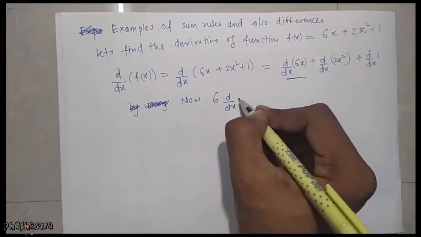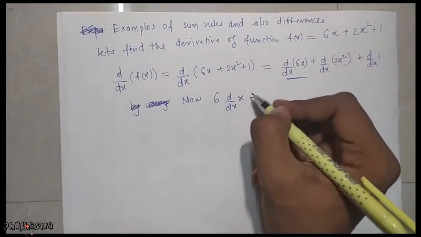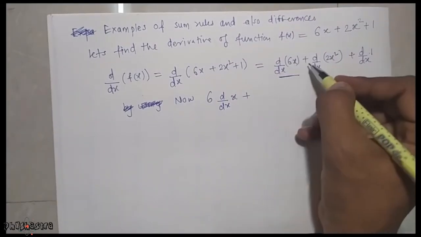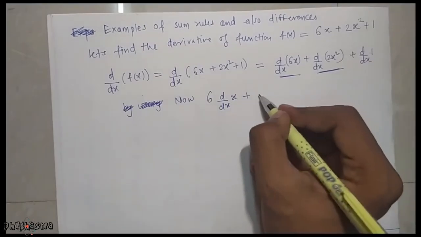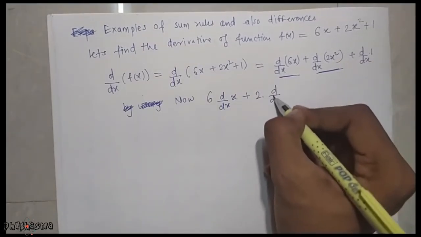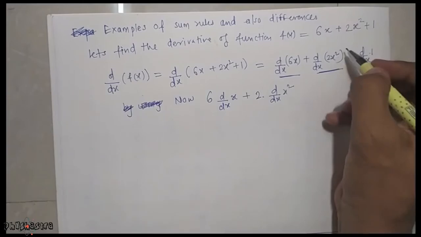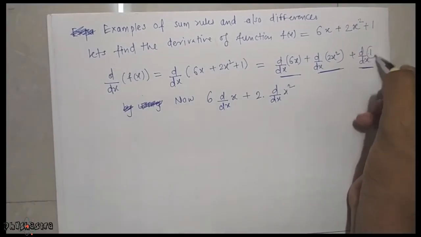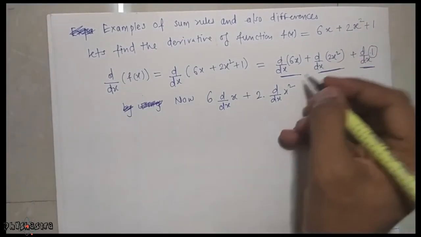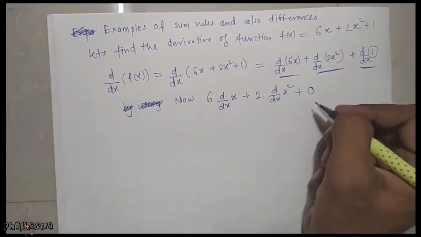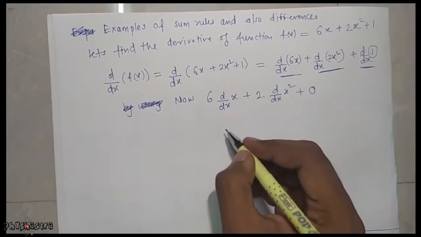So d of dx of x plus d of dx of 2x square, which will be 2 dot d of dx of x square. Since 1 is a constant, there is no differentiation of that, therefore it is 0. Remember, the differentiation of any constant is 0.